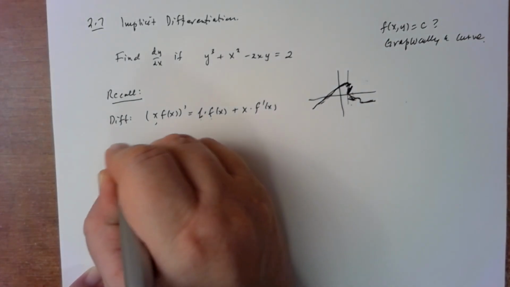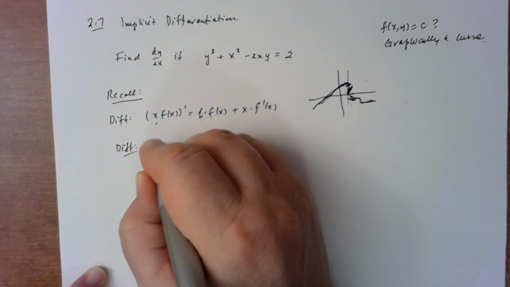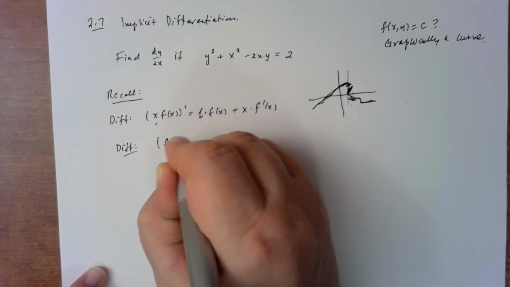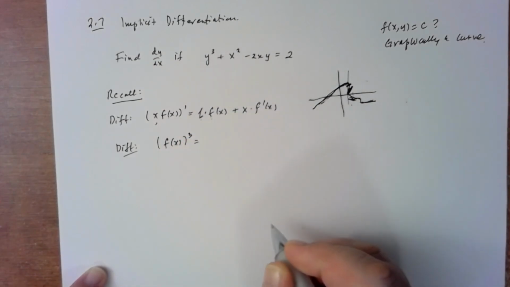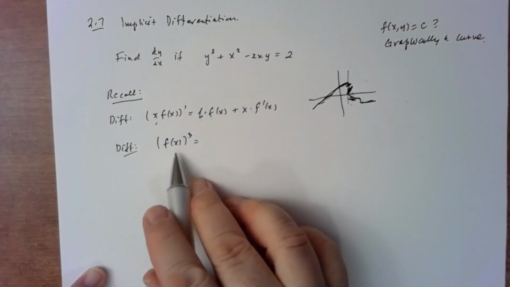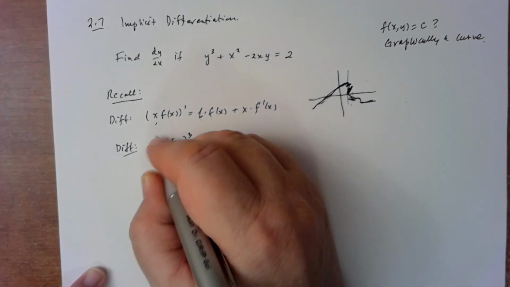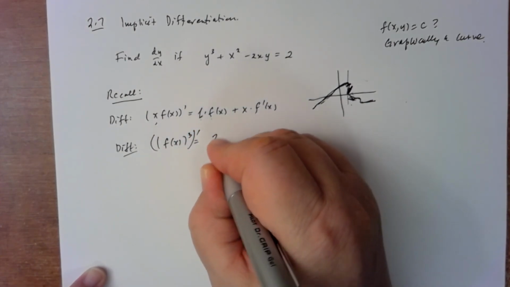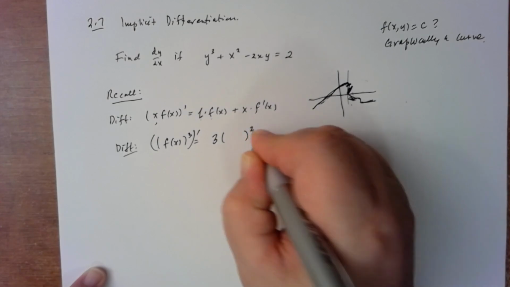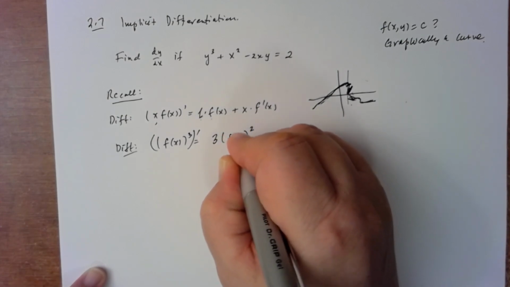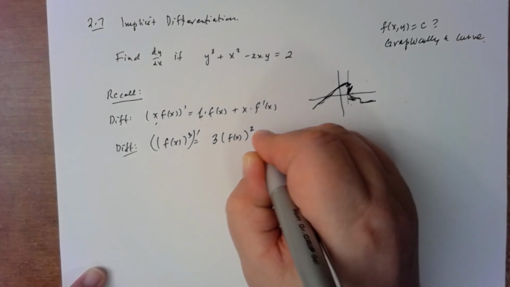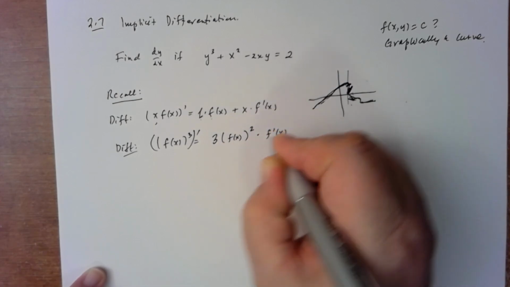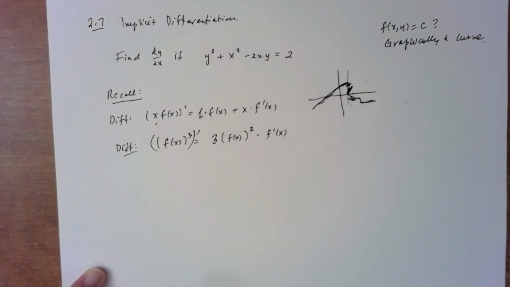Good. Similarly, how about f of x cubed? This would be a chain rule, so the derivative of f of x cubed would be 3 times your function squared, times the derivative of your inside function, which is f prime of x. Good.